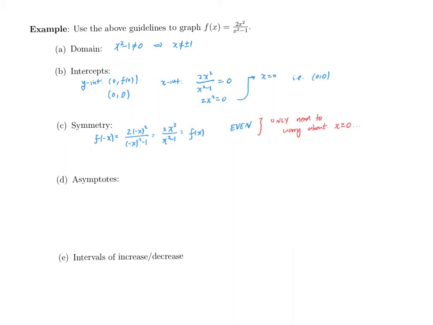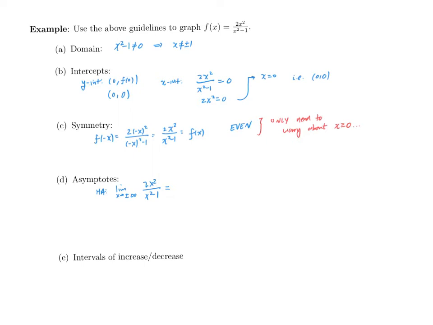Then we move on to asymptotes. So the first thing to think about would be the horizontal asymptotes. So the limit as x goes to plus or minus infinity of our function. And without any work whatsoever, I would like you to write down for me, what is the value of this limit?